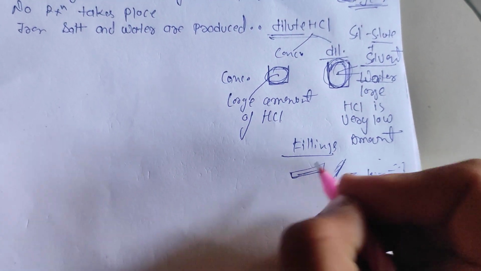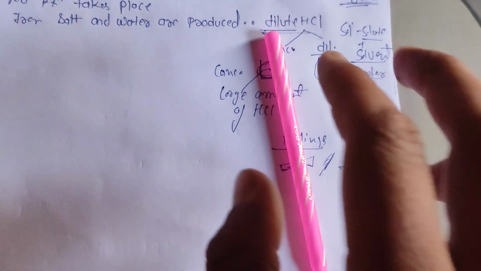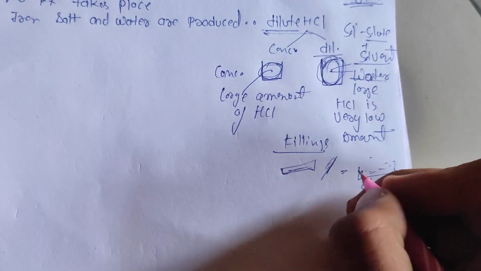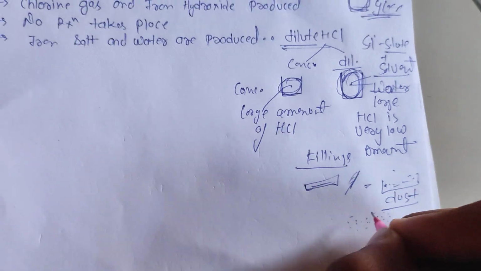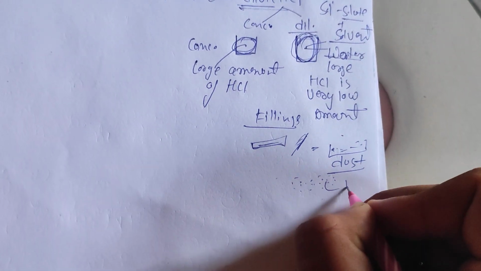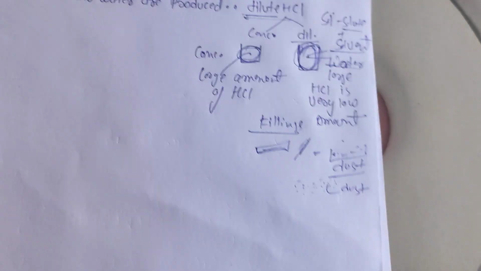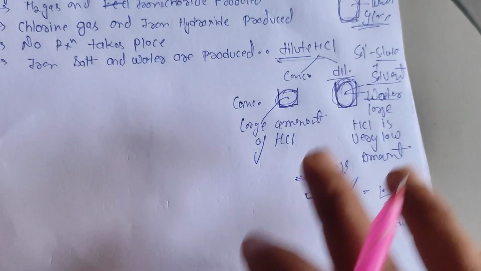If it is a nail of iron and we put the HCl on it, it gets only some surface contact. Instead, when we have iron as dust like filings, each iron particle is exposed separately in large amount. That's why we use filings. This is the whole concept.